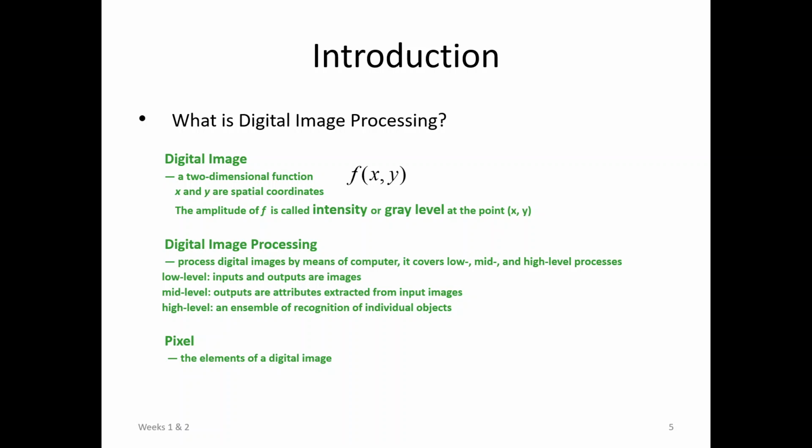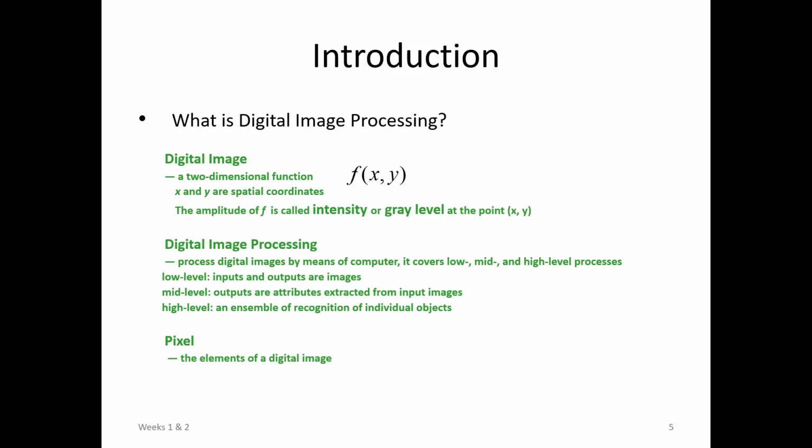It basically covers three categories. The processing of digital images is generally divided into three broad categories: low level processing, mid level processing, and high level processing.